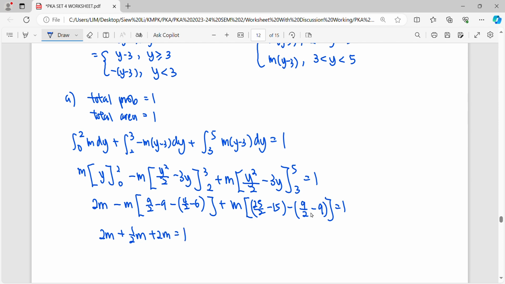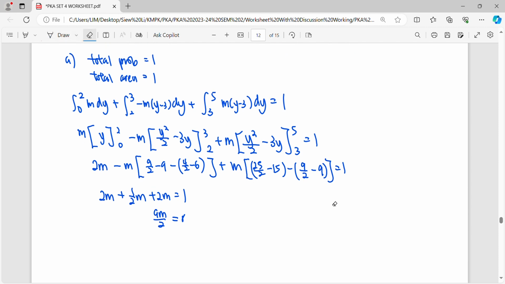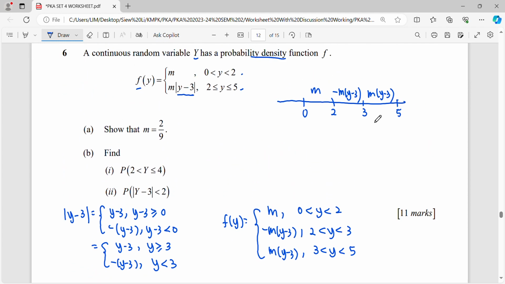So total 9 over 2 m. So m is 2/9. Alright, so we've shown that. Means your function here can all be updated. m is 2/9.